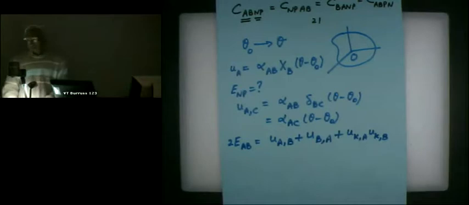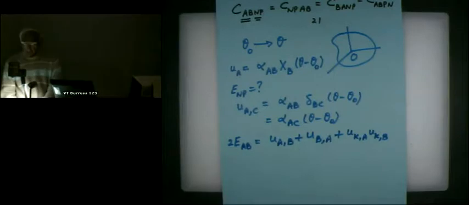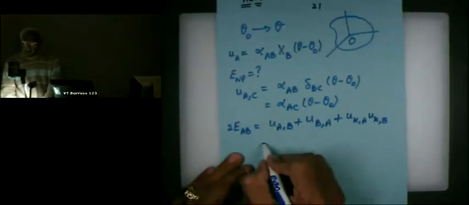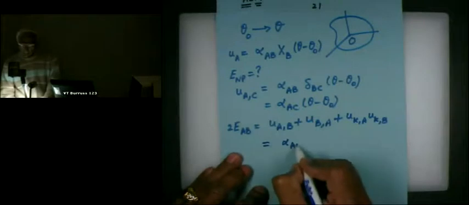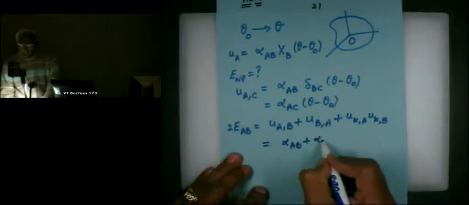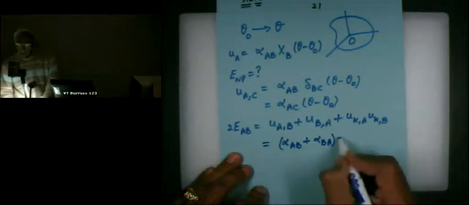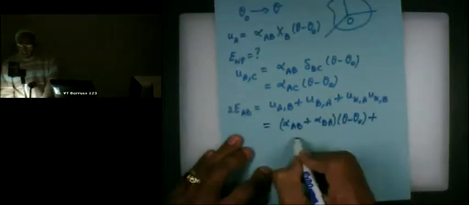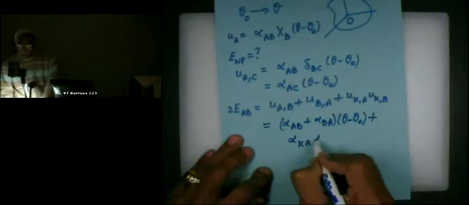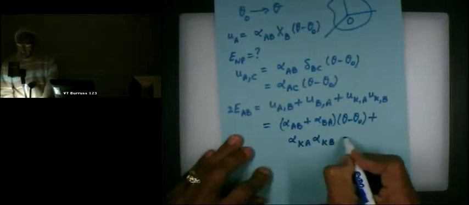Up to here is small strains, and if you have finite strains, then this is the definition, and that's what we have been using for the Green-Saint Venant strain tensor. So if we substitute this in here, we get alpha_AB plus alpha_BA, times theta minus theta 0, plus alpha_KA alpha_KB, times theta minus theta 0 squared.